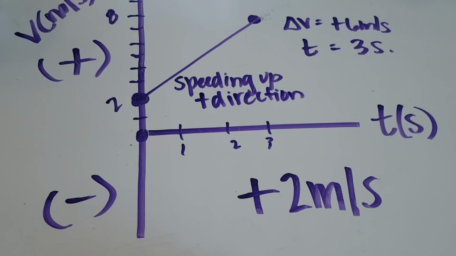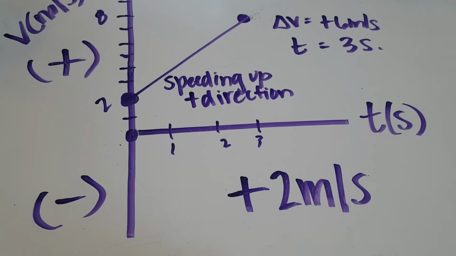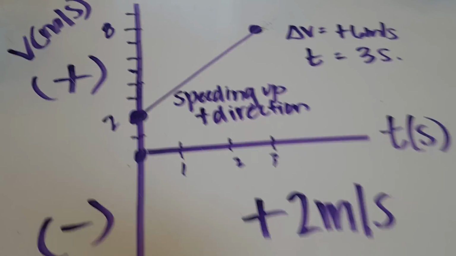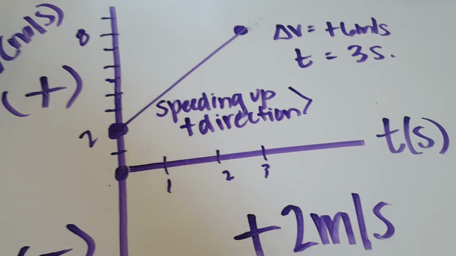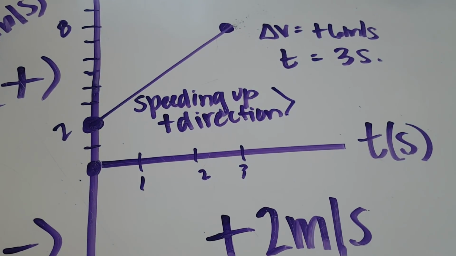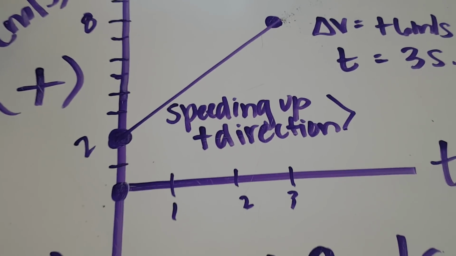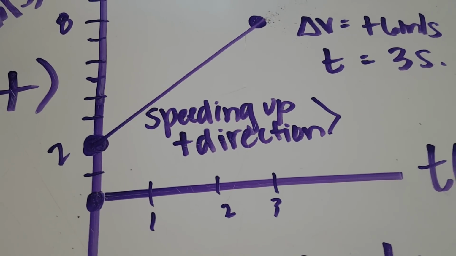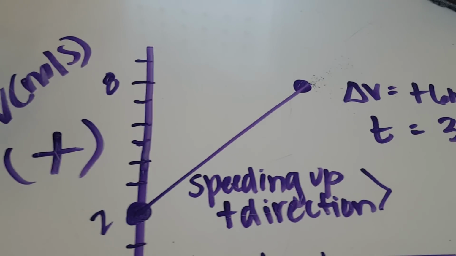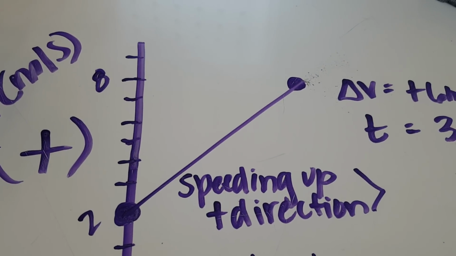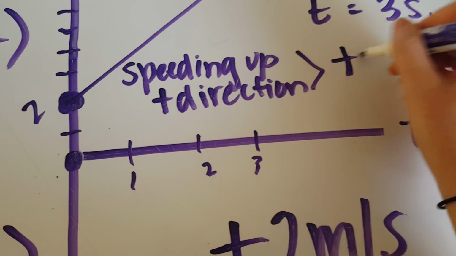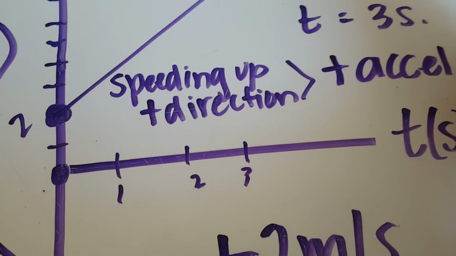Now, this last piece of the puzzle, part C, it can be positive or negative, refers to a combination of speeding up or slowing down and a positive or a negative direction. In this particular case, this object is speeding up and it's going in the positive direction. Well, check this out. Look at the slope. That results in a positive slope, meaning that this overall acceleration is considered positive.